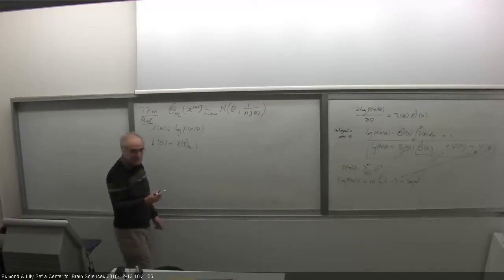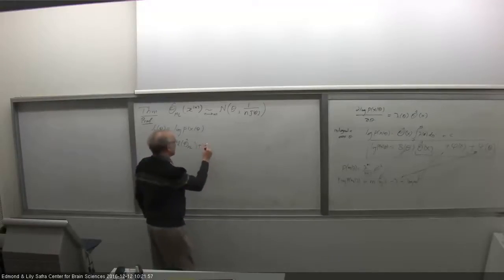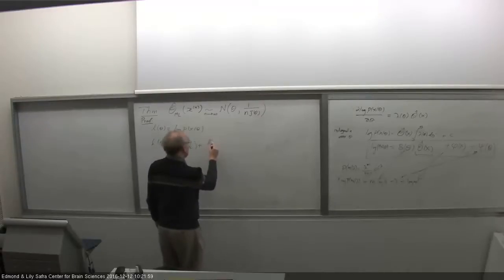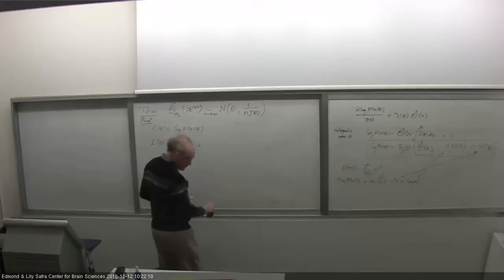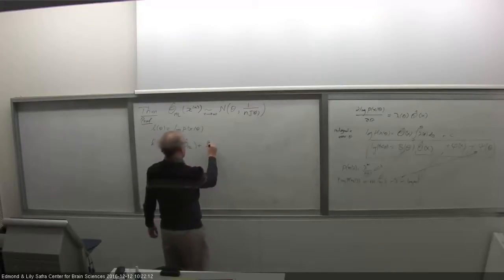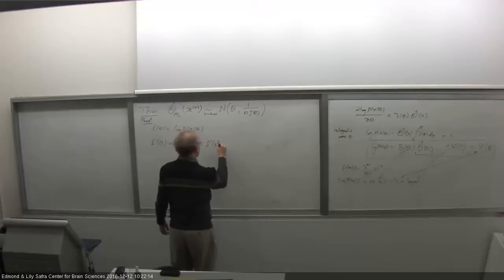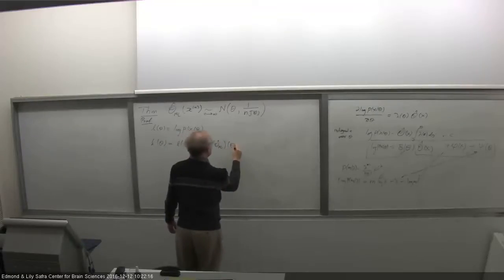The derivative, l prime of theta ml, times theta minus theta ml.